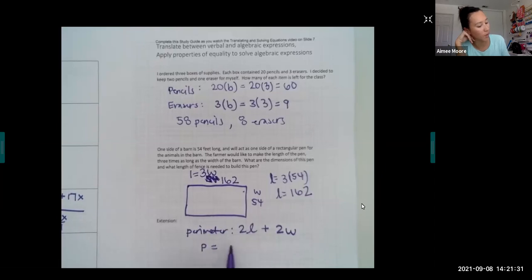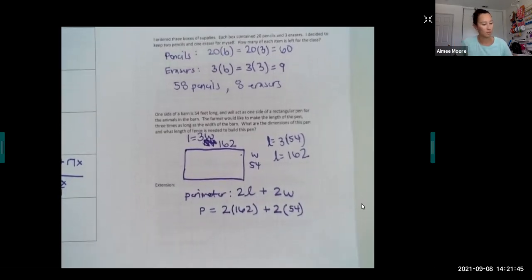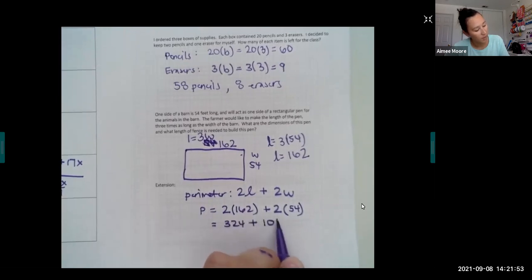So P equals 2 times our length, which is 162, plus 2 times our width, which is 54. So that's 324 plus 108, which is 432. So the perimeter, that's how much fence, 432 feet of fence.